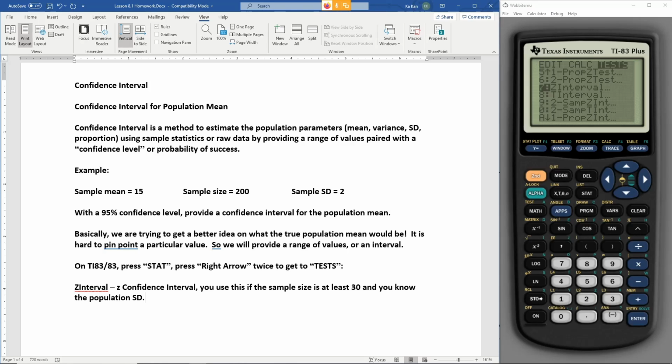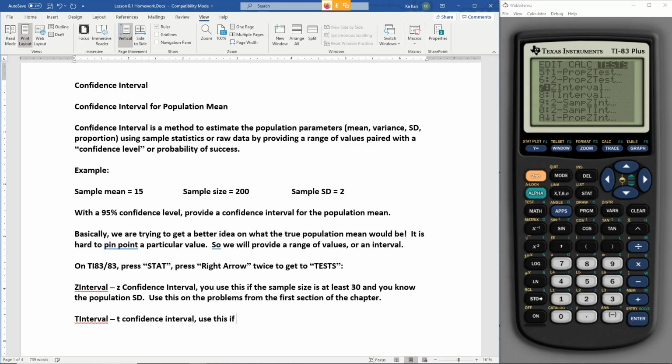So you can only use Z. This is Z using the normal distribution as your model. Using this Z confidence interval, if you have sample sizes of at least 30 or more, and you know the population standard deviation. Basically, this is the first section, so use this on problems from the first section of the chapter. The next one is T interval, T confidence interval.